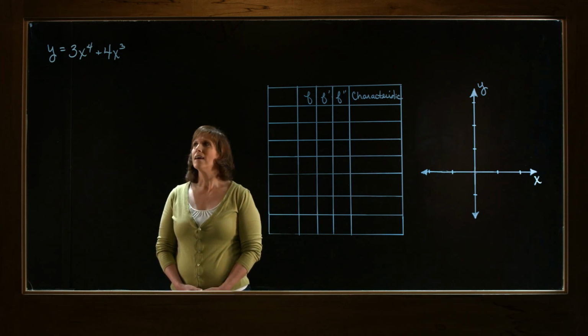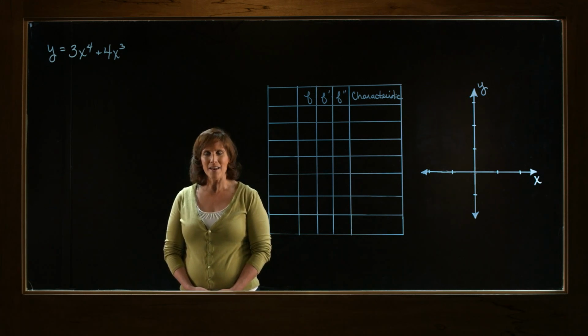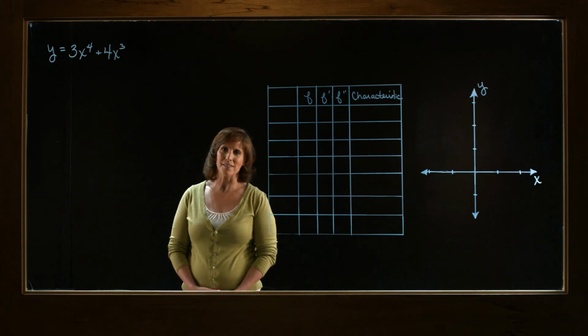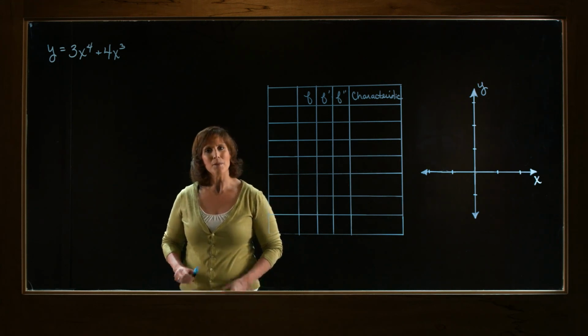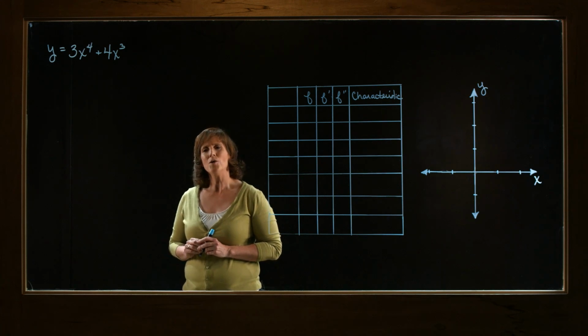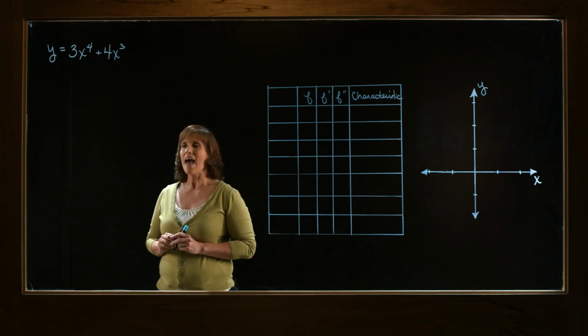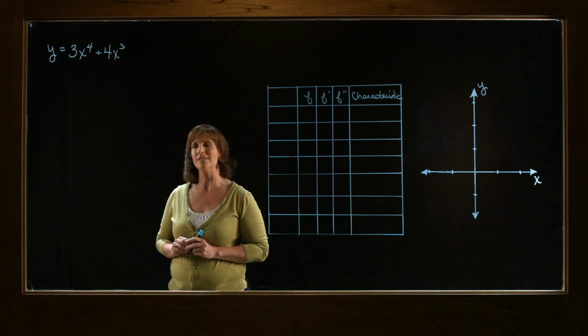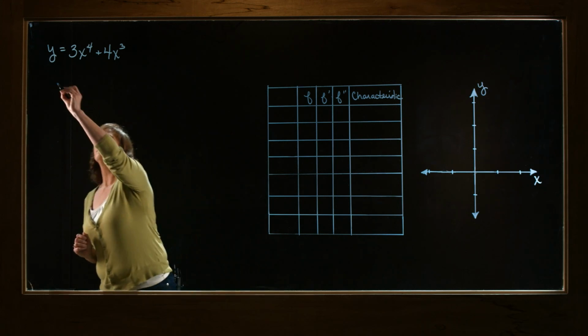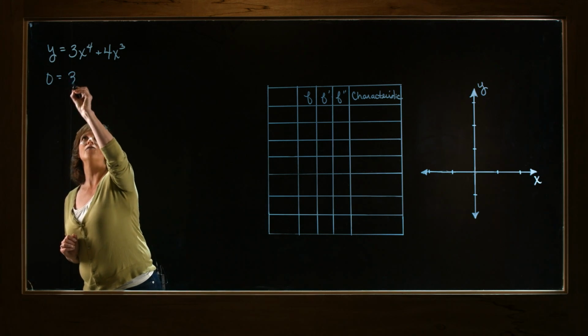To begin with, a nice feature to find on any function is the x-intercept and the y-intercept. So we'll begin with the x-intercepts. Where do x-intercepts occur? They happen when the y-coordinate is equal to 0. So let's set y equal to 0 and solve for x.